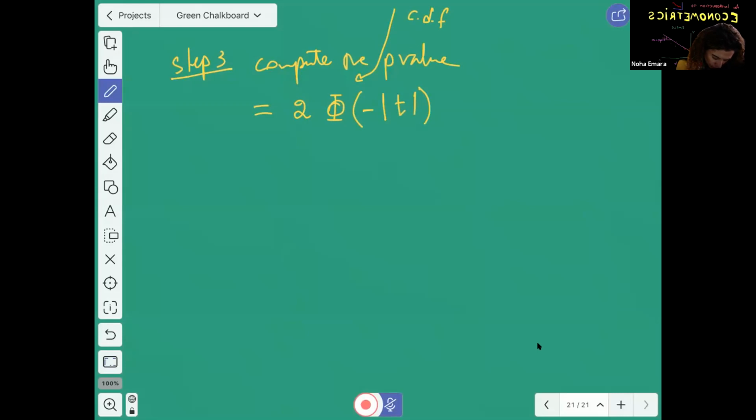You can also write it in a different way. You can say it's 2, if you want to use the positive part, 2 times 1 minus all the points that are less than or equal to t actual.